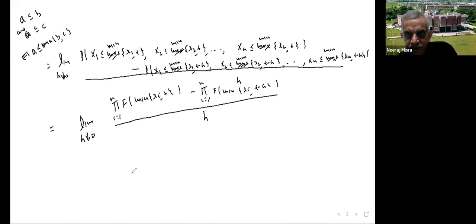Is that okay? Now note that if any xi was bigger than t, then what would happen? Then that term will give me f of t minus f of t minus h. Is that okay?